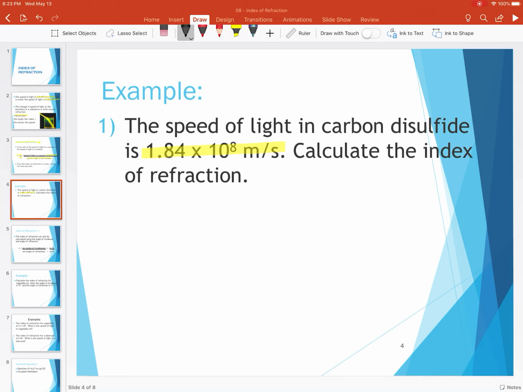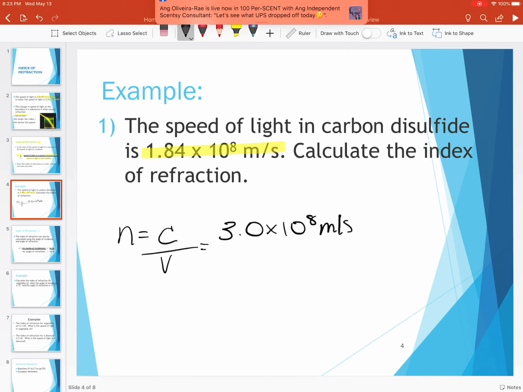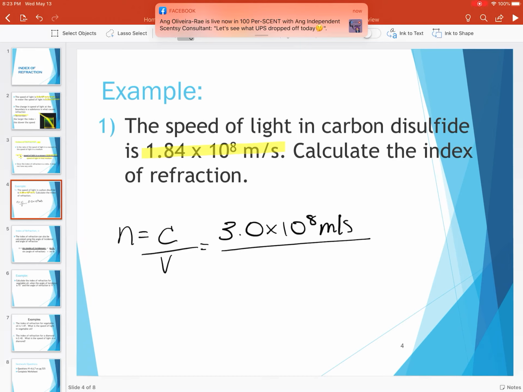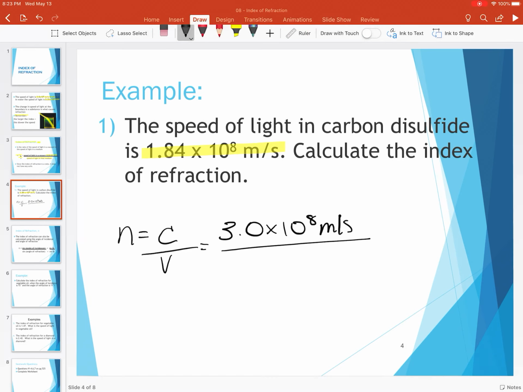And C we know, and N, the index of refraction, is what we want to calculate. So N is going to be C divided by V. We know C is that 3.0 times 10 to the power of 8 meters per second, and we are going to be dividing that by our 1.84 times 10 to the 8 meters per second.